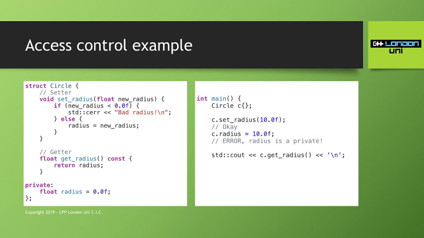If we want to get the value of the radius, well, that's fine. We've got this new getter function we just wrote. We can call c.getRadius, and it's going to, in this case, print 10. So that's all good.